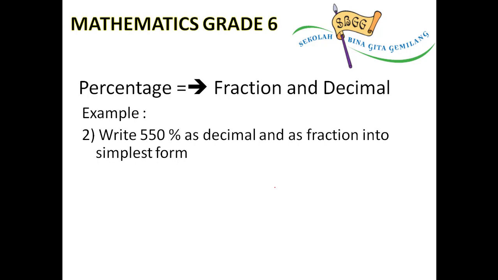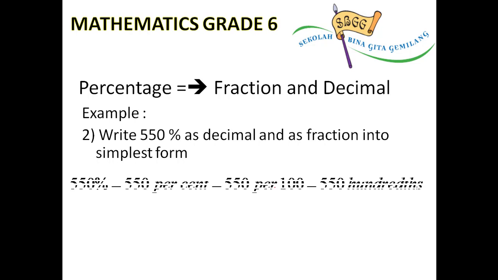I continue. Okay, we make the second question. Write 550% as a decimal and as a fraction in simplest form. Wow, the number now is in the hundreds, before it was only tens. So how to do it? The steps will not be different.